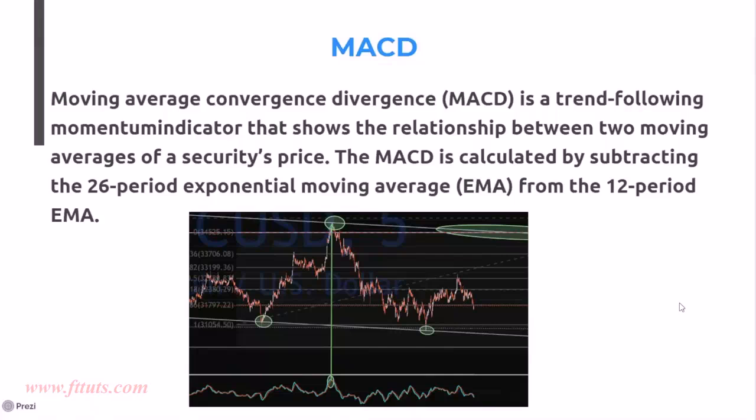Next indicator I want to talk about is MACD. So it stands for Moving Average Convergence Divergence. And essentially what MACD is, it's two moving averages. It's a 26 period EMA and then a 12 period EMA. And basically it's a short-term and a long-term EMA, and they're represented on the same sort of histogram.